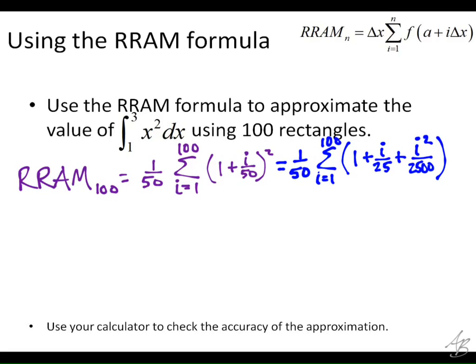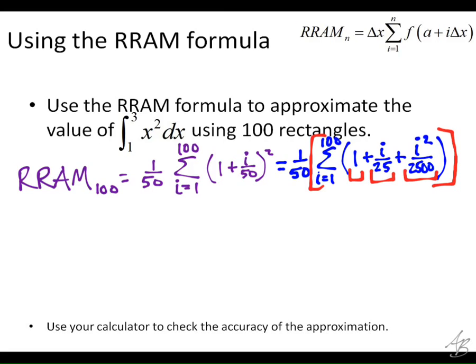Okay, now I'm going to do 2 things in the same step here. I'm going to split this up into 3 separate sums. All right, so this whole thing right here, and I'm going to put this in a bracket. This whole sum right here can be split up into 3 sums. A sum for that one, a sum for that term, and a sum for that term.